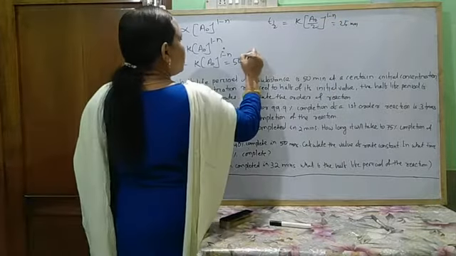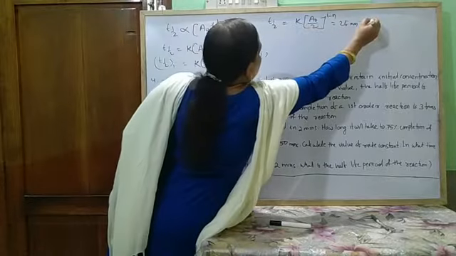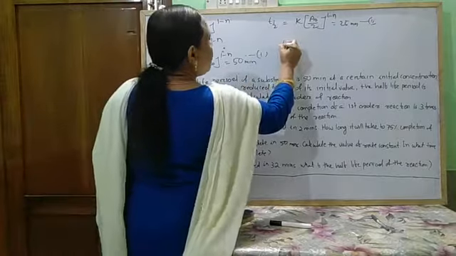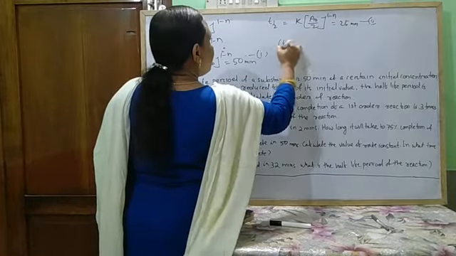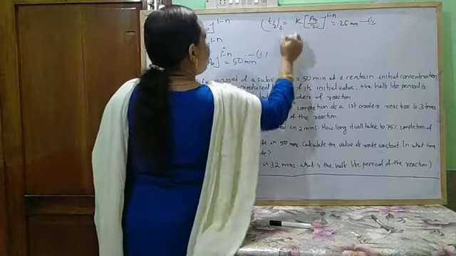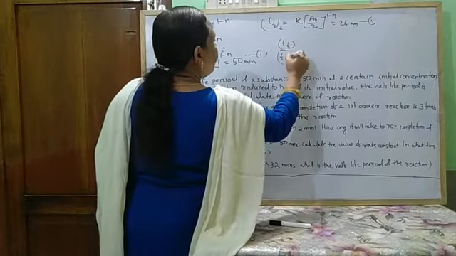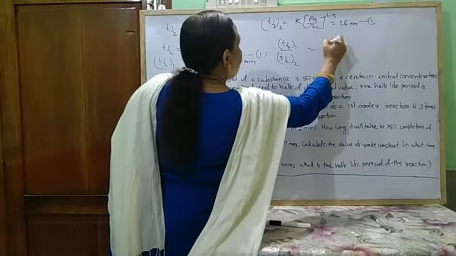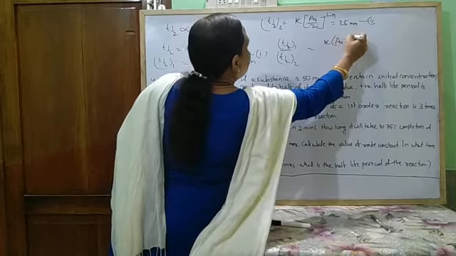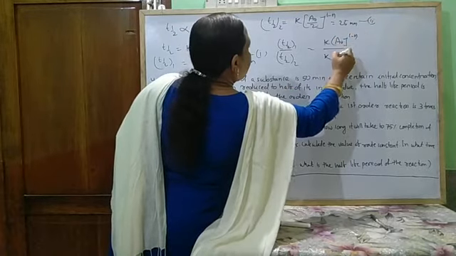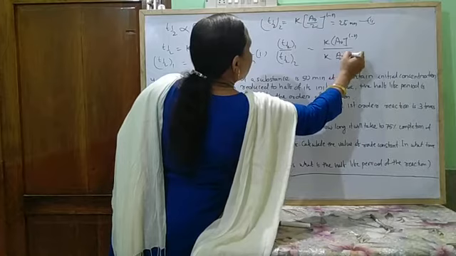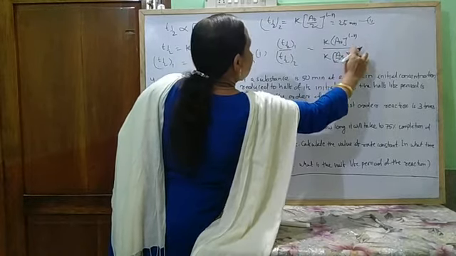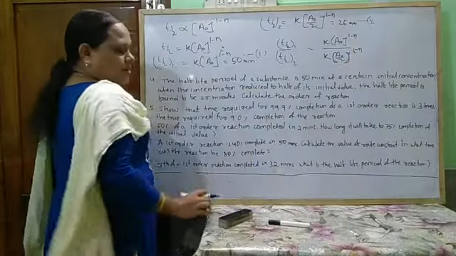Suppose this is equation 1 and this is equation 2. Now dividing equation 1 by equation 2, what do we get? T half 1 by T half 2 equals K A naught to the power 1 minus n, divided by K A naught by 2 to the power 1 minus n.